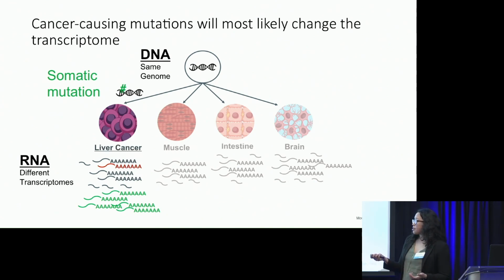And in some cases, these specific transcripts might actually contribute to changing that normal liver cell into cancerous cells. So these RNAs can either directly function in affecting a cell to go from normal to cancer, or these RNAs can also be used as what's called biomarkers. These can be used to correlate with patient prognosis, or correlate with the effects of different therapies. So these RNAs can be used in many different ways.